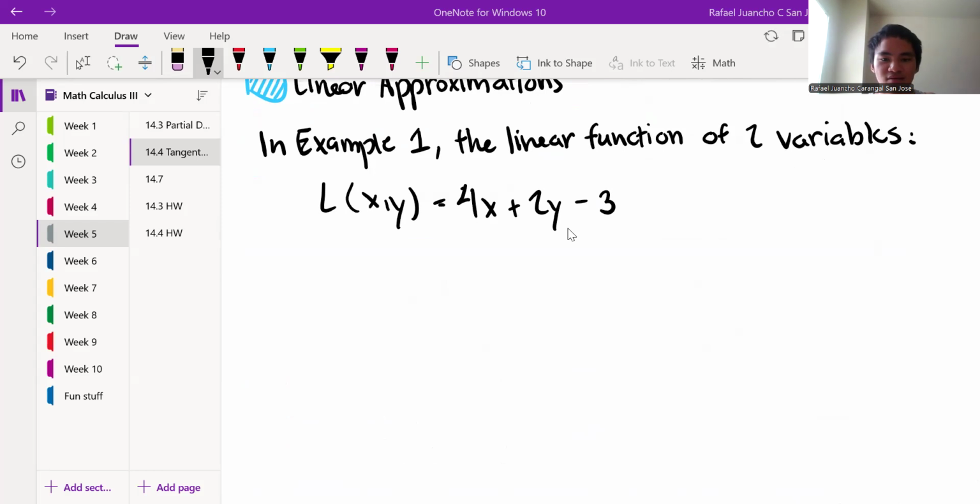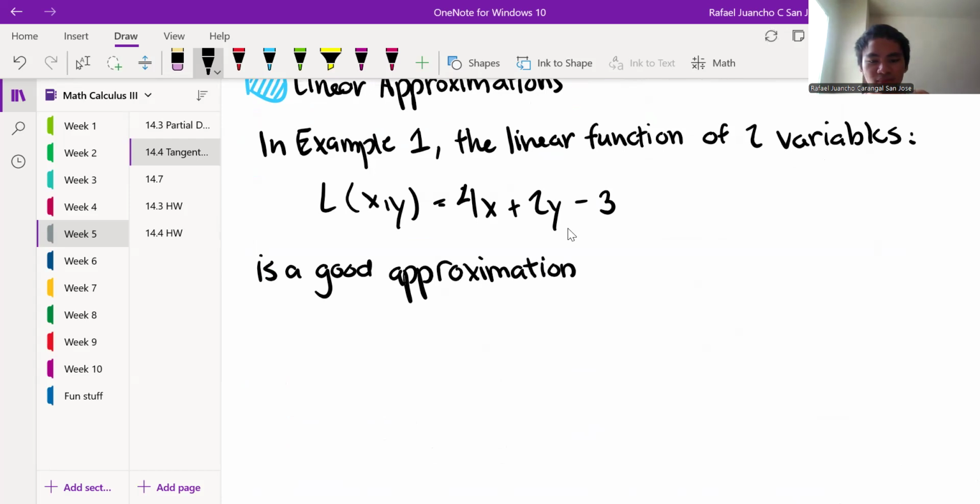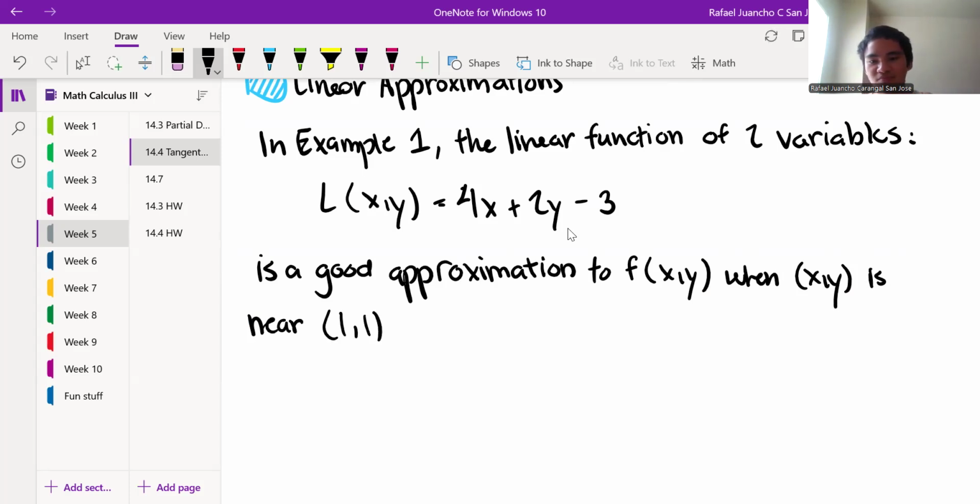And we're saying this is a good approximation to f of x, y when that particular point x, y is near 1, 1.